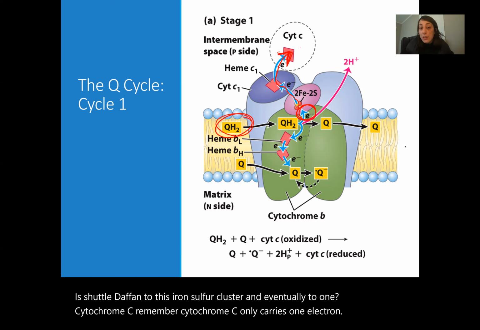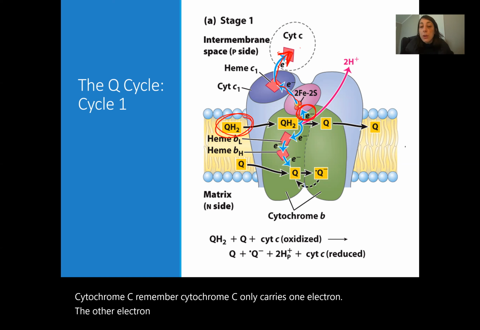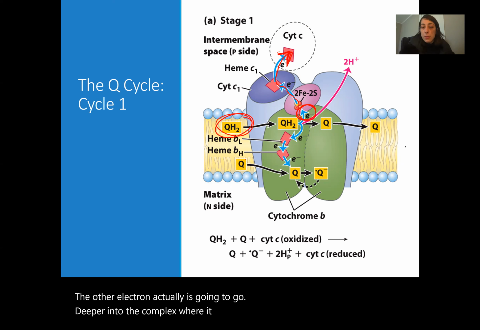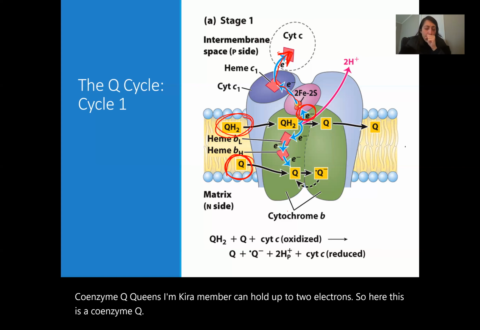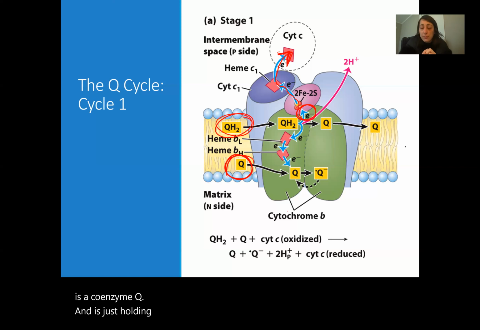The other electron actually is going to go deeper into the complex where it gets put onto an empty coenzyme Q. Coenzyme Q, remember, can hold up to 2 electrons. So here, this is a coenzyme Q, and it is just holding on briefly to 1 electron.